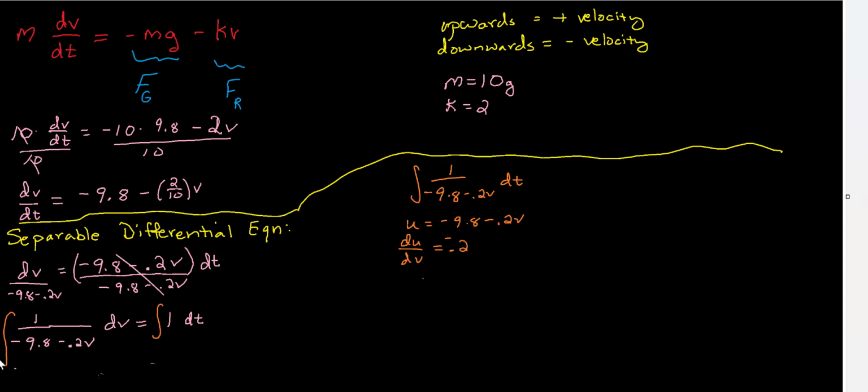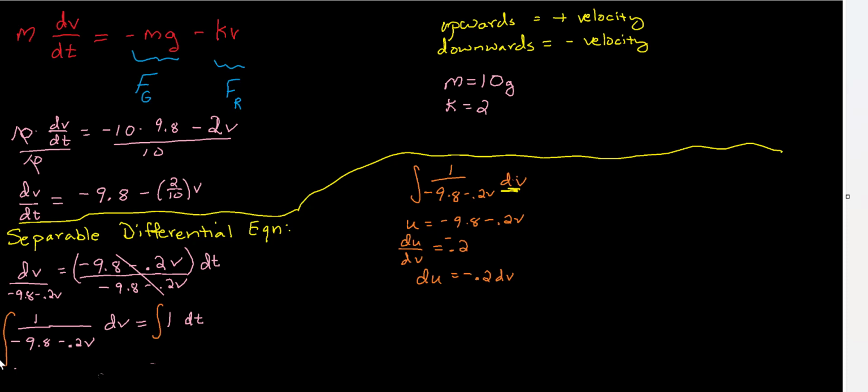Well, what does that tell us? That tells us that du equals negative 0.2 dv. And although I do have a dv in my problem, oops, I made a typo right here, let me correct that. Although I do have a dv in my problem here, that looks good, I don't have a negative 0.2 dv.